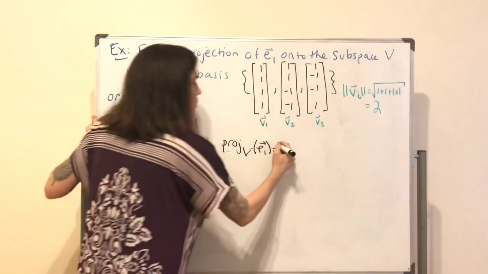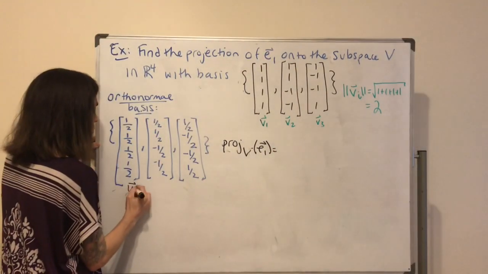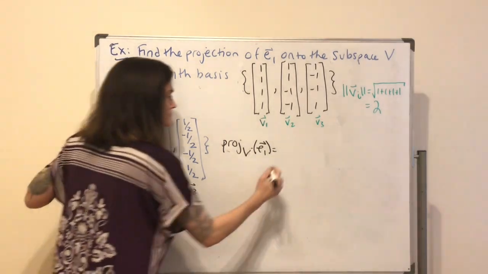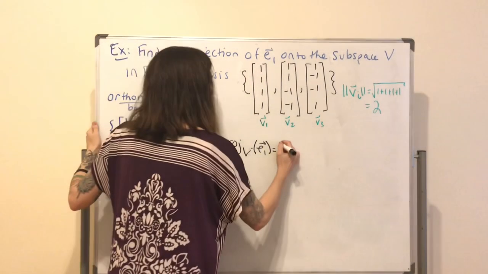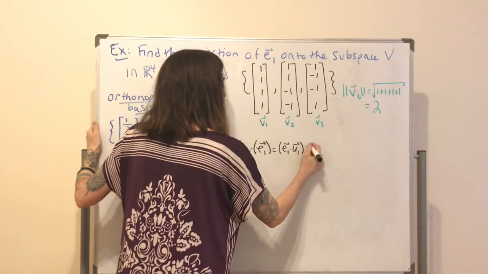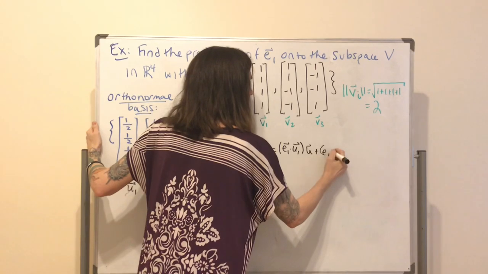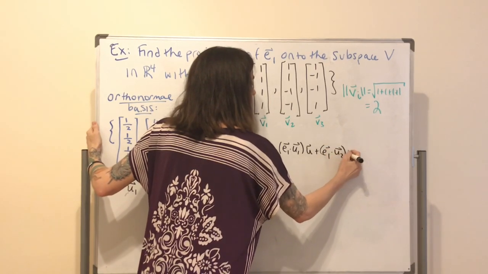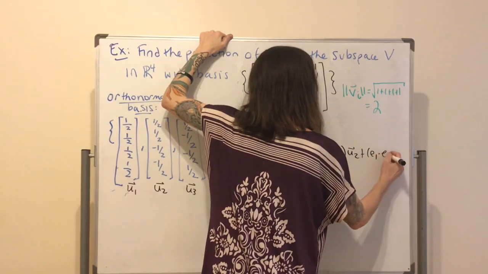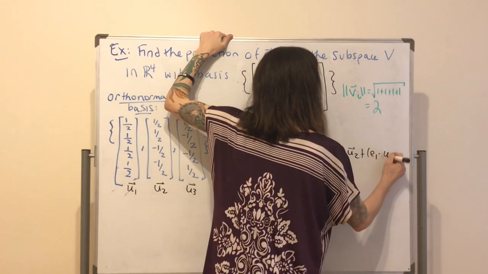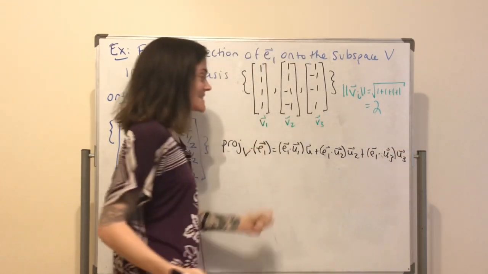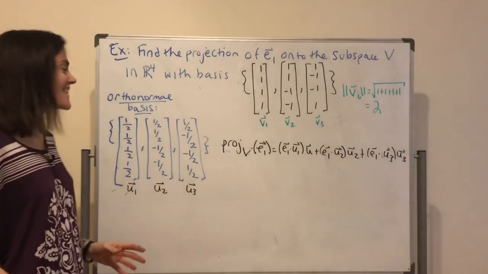Well, I take E1, now this will be my U1, U2, U3: E1 dot U1, U1, plus E1 dot U2, U2, plus E1 dot U3, U3. This is the orthogonal projection.